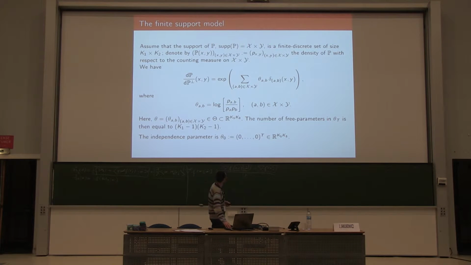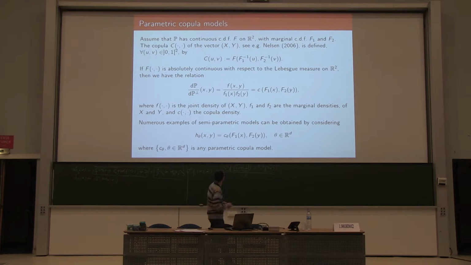And more generally, you can consider for the set of parametric functions h theta any parametric copula model, which is the exact sense of our semi-parametric model, since you are interested here just in the ratio between the joint distribution and its marginals, which is typically the definition for copula models.